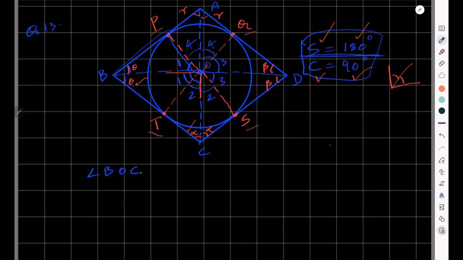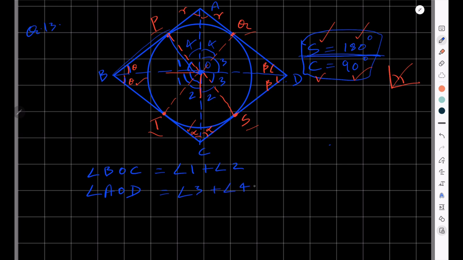And what is the angle subtended by side AD? It is angle AOD. But BOC is equal to angle 1 plus angle 2, and angle AOD is the summation of angle 3 plus angle 4.